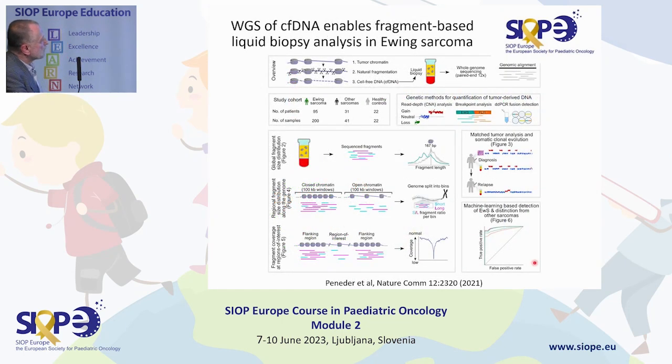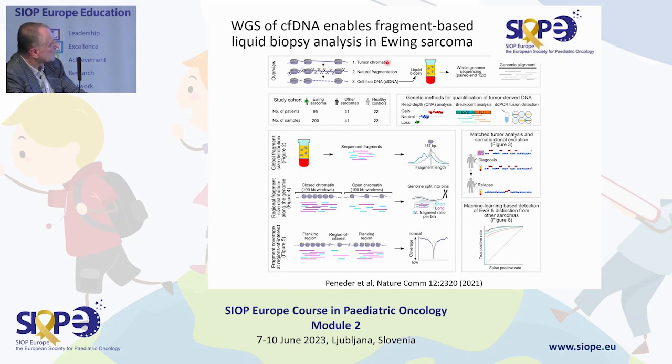And there was a recent paper also from a research institute in Vienna about Ewing sarcomas, where they looked at a number of Ewing sarcomas. And what you can also see here, it's not only DNA which you can identify, but you can distinguish the tumor DNA from normal DNA, but you can also, depending on whether the chromatin is open or not, and whether during apoptosis that's cut or not, identify basically whether it comes from the tumor or from other tissues.